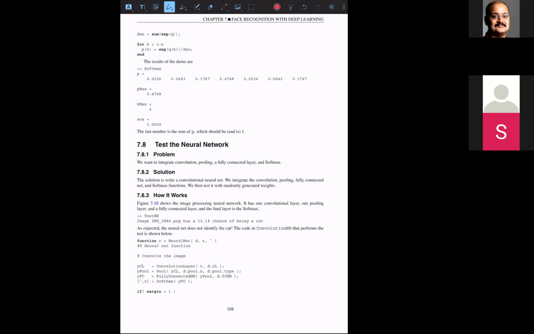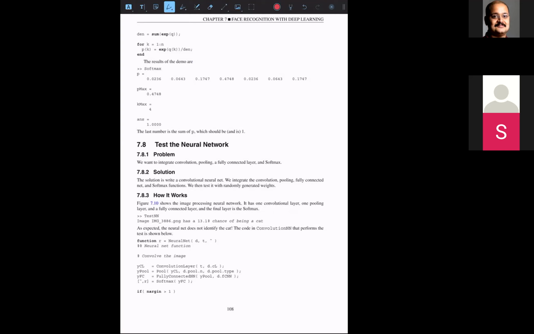Did anyone get it working? I think you have to just copy this to maybe a folder called cats 1 2 3 4. You haven't added all the folders in the path. Then still it is giving you an error. How about you? You got it working? Yeah, that one works. How about you?